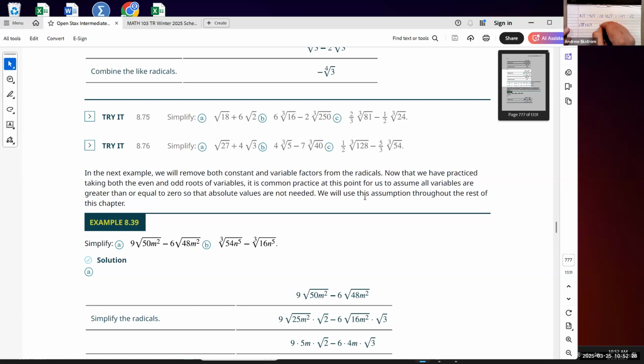Then I've got 6 times the cubed root of 16 minus 2 times the cubed root of 250. And the final one is 2/3 times the cubed root of 81 minus 1/2 times the cubed root of 24.